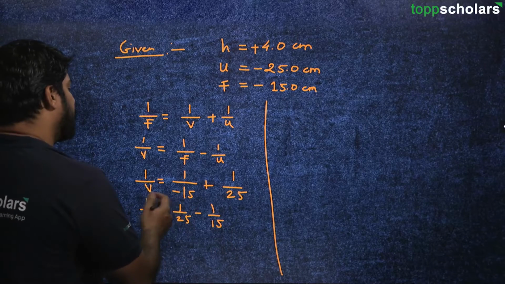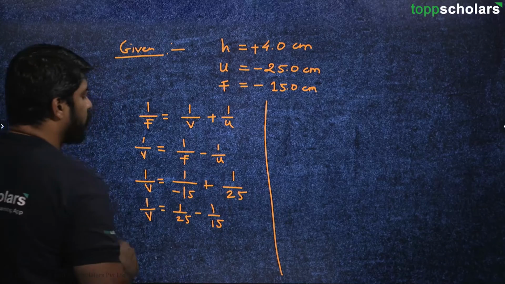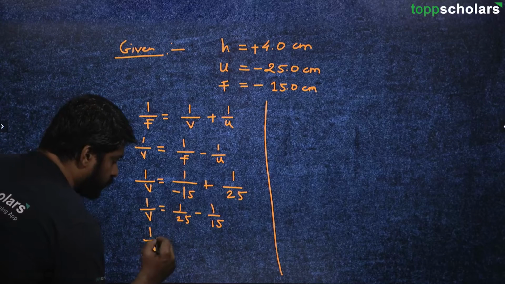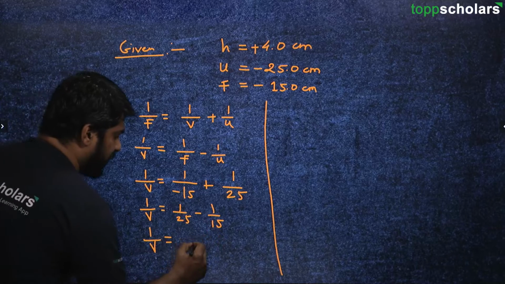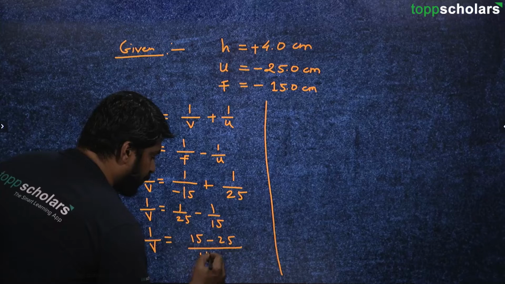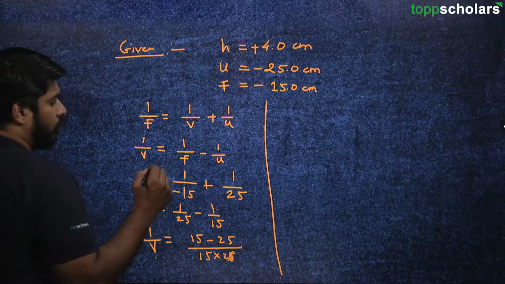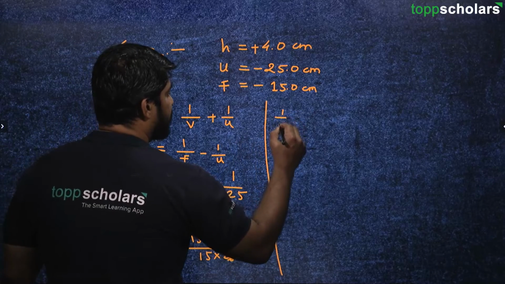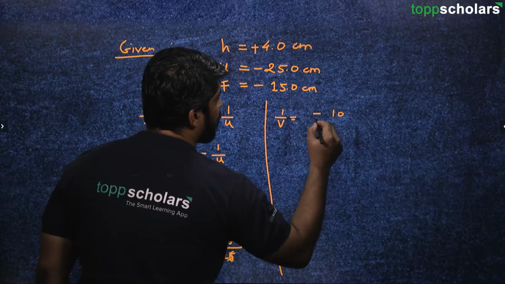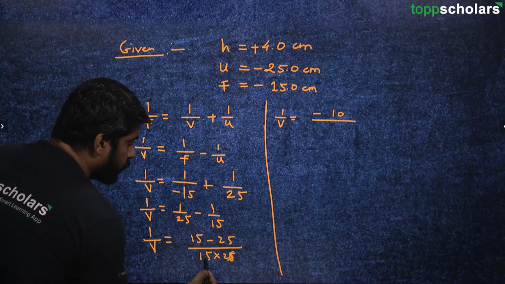So what we can do is cross multiply these two, or we can also make the base same for these numbers. So this would become 15 minus 25 divided by 15 into 25, and after we solve this, what we get is 1 upon v is 15 minus 25, which is minus 10, over 25 into 15.